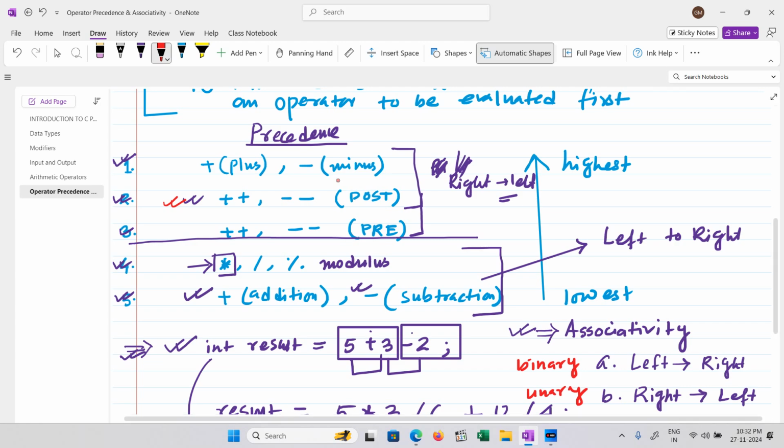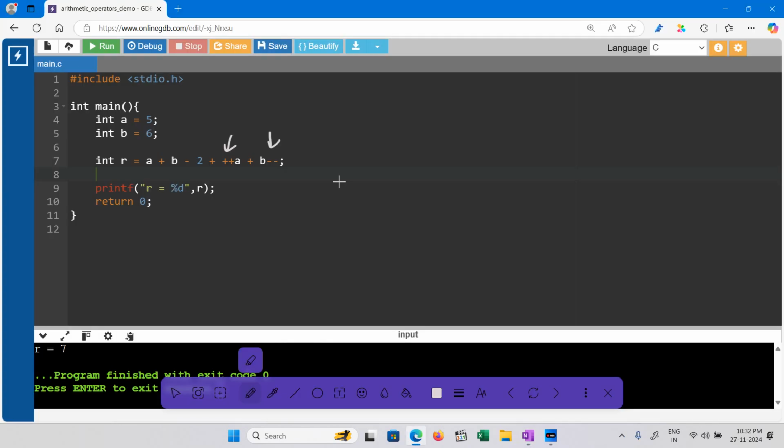Now, if I want to replace the values, it will solve this one first, right? What I have written here: do not replace the values in other parts of the expression, because you need to take care when you use pre and post increment and decrement. You need to solve one by one.